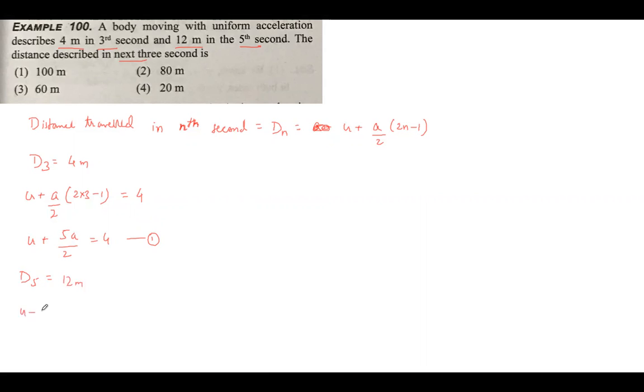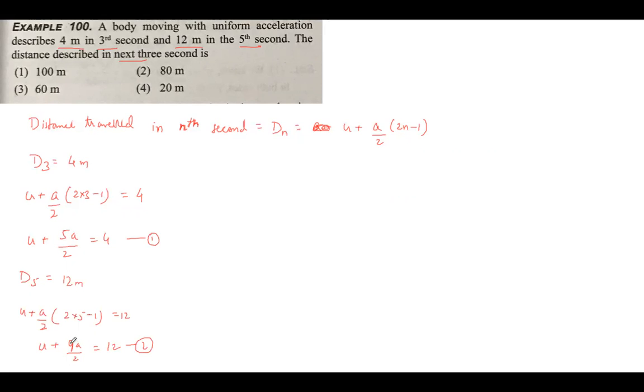So that means u plus a by 2, 2 into 5 minus 1 is equal to 12. So this will be u plus 10 minus 1, 9a by 2. So u plus 9a by 2 is equal to 12, second equation.